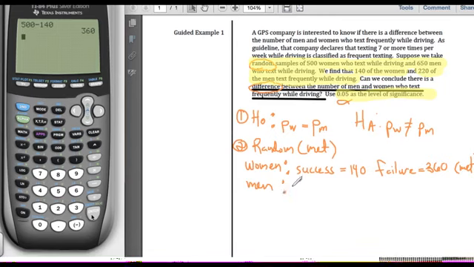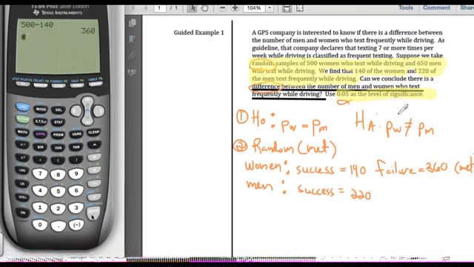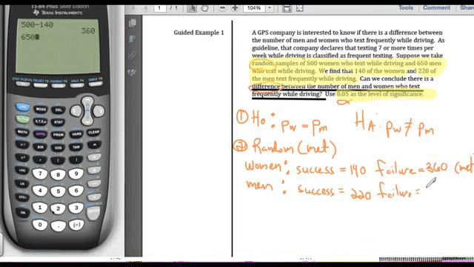For the men, my success number is 220. So that's 220 of the men text frequently while driving. To get my failure number, I'll take the 650 of the sampled men, take away the 220 successes.